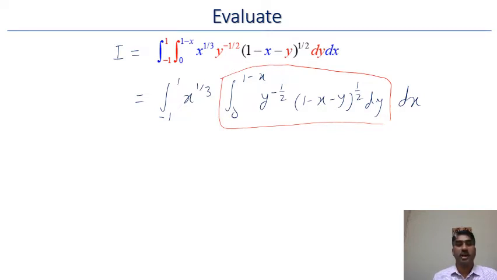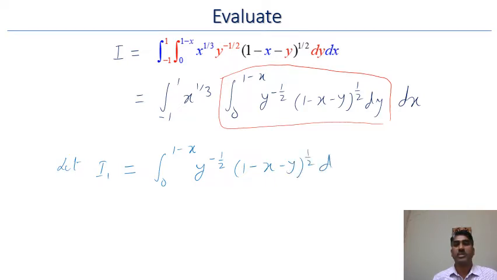Let I1, and I am writing this as I1 just to avoid confusion and in order to facilitate the solution of the problem in parts. So let I1 be the integral from 0 to 1 minus x of y to the power minus 1 by 2, (1 minus x minus y) to the power 1 by 2, dy.